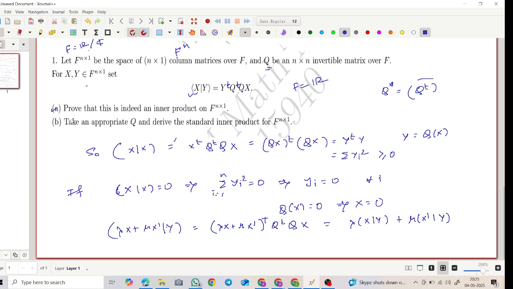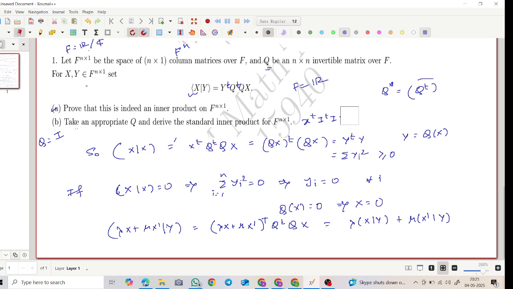So this is indeed an inner product, and here they are asking, take an appropriate Q and derive the standard inner product on this. So this is just obvious, right? Take Q equals identity, because then your x transpose identity transpose x is the summation of xi squared.